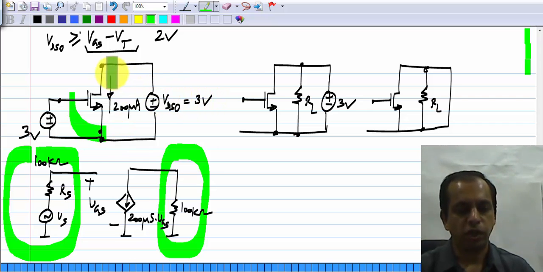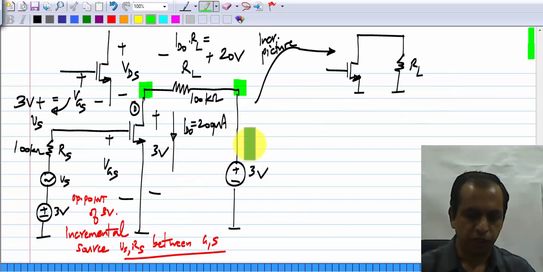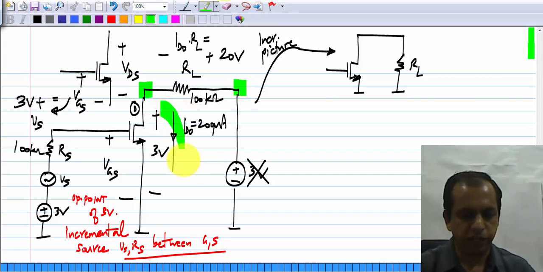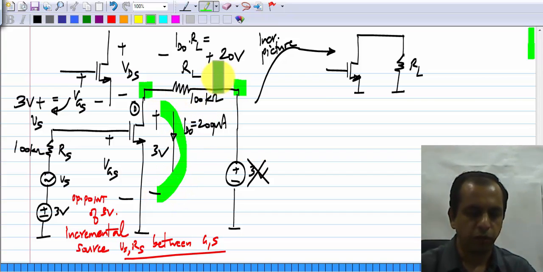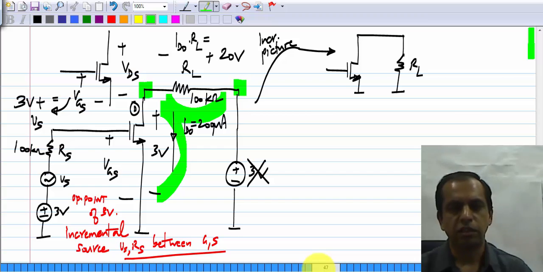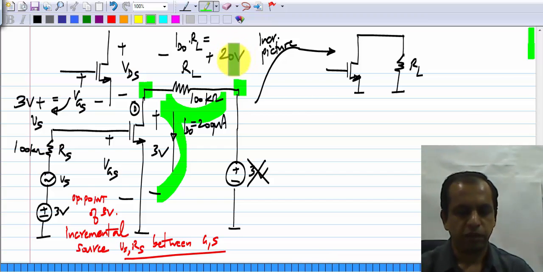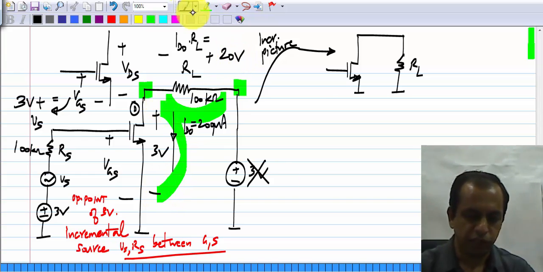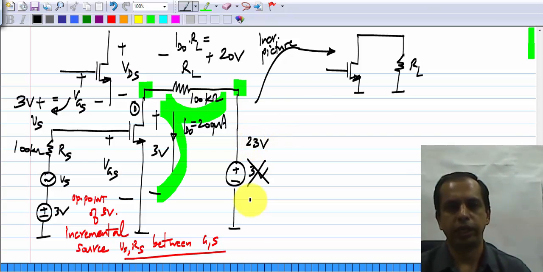So, this is equal to whatever VDS you need. Now, this voltage should not be 3 volts, but it is equal to whatever VDS you need plus whatever drop you have across the load resistor. Okay. So, if you have a 20 volt drop across the load resistor and you want 3 volts here, this should be equal to 23 volts. Okay.